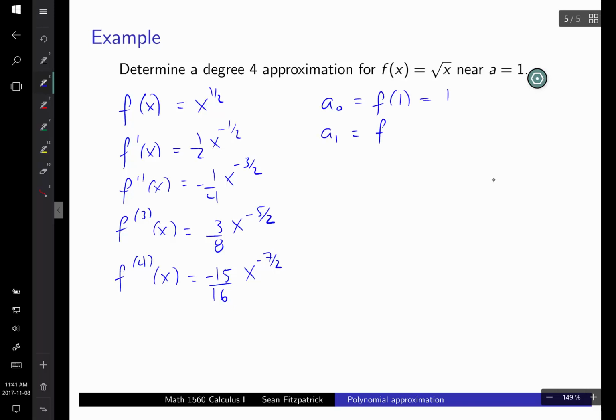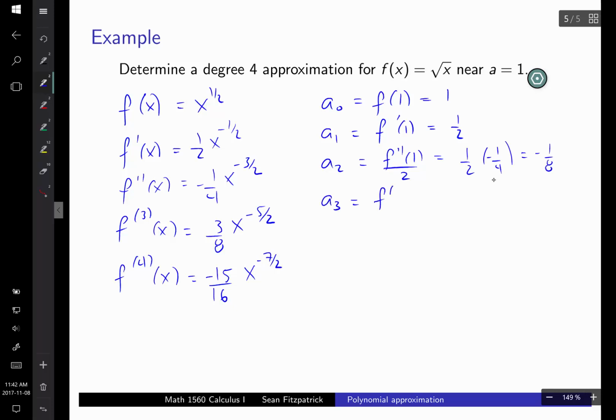A1 is f prime of 1, which is 1/2. A2 is f double prime of 1 over 2, which is going to be 1/2 times minus 1/4, which is minus 1 over 8.